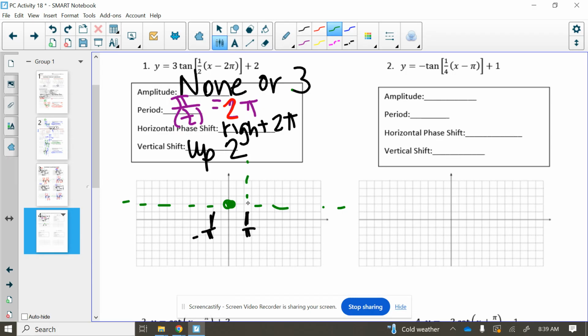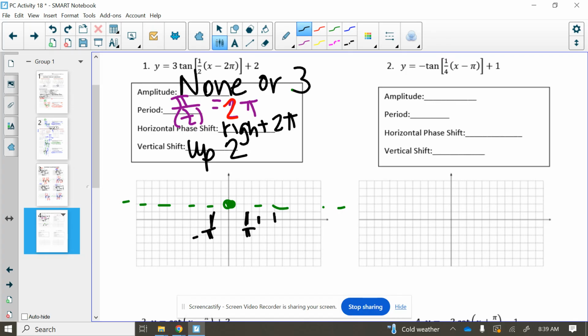And then this parent function otherwise, we have to shift to the right 2 pi. So normally, again, we're going to shift this over. If we keep this scale going on our graph, we are going to take the graph and move it so that each one is repeating by pi.